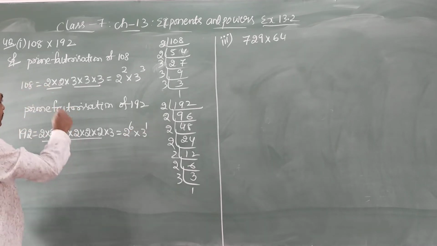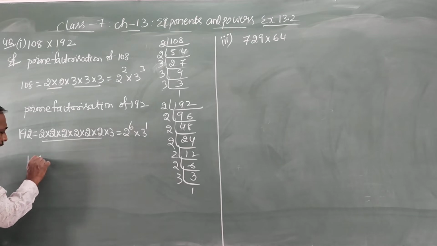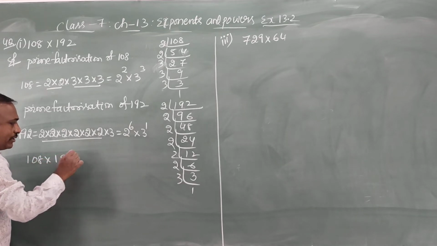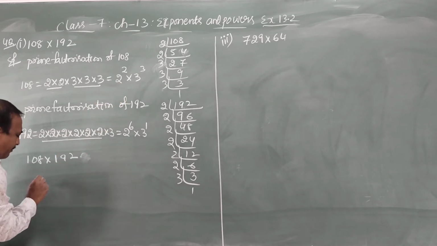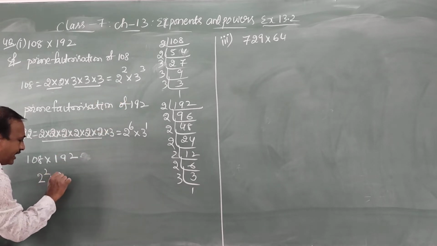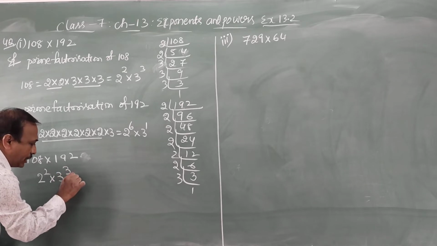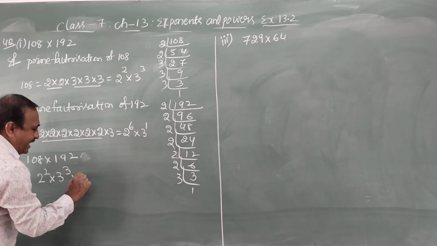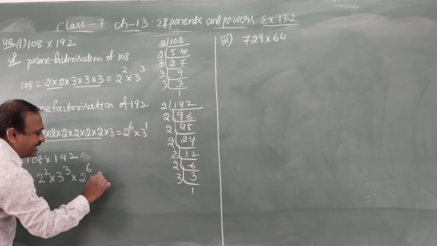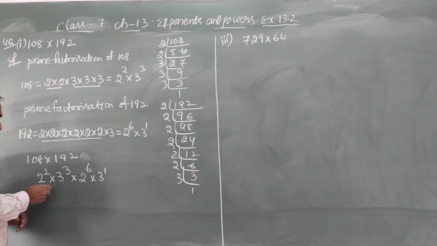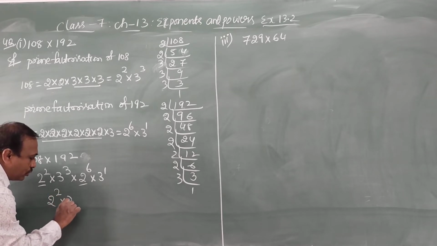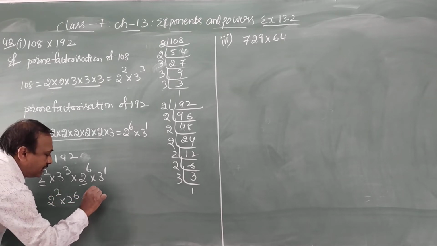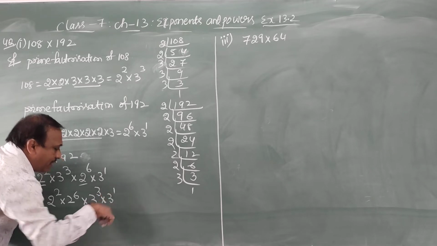Now we need to express 108 into 192. 108 can be written as 2 to the power 2 into 3 to the power 3, and 192 can be written as 2 to the power 6 into 3 to the power 1. Write them at one place: 2 to the power 2 into 2 to the power 6 into 3 to the power 3 into 3 to the power 1.